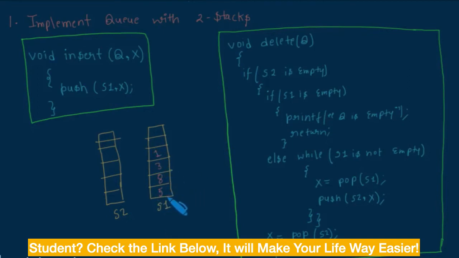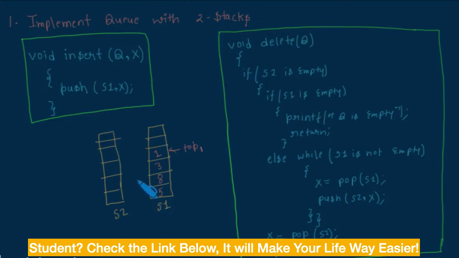We will call push S1 comma 5, push S1 comma 8, and we will push all the elements into the first stack. And our top, I'm calling this top 1. So top 1 will be pointing to the topmost element of stack 1. So it is very simple. Insert operation is very simple. You need to remember here that we are inserting all the elements in the first stack.